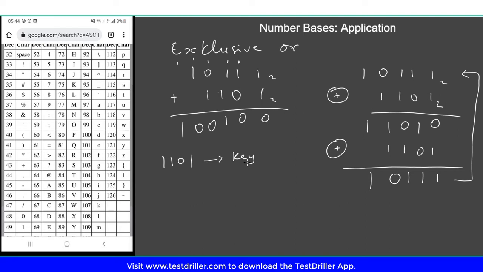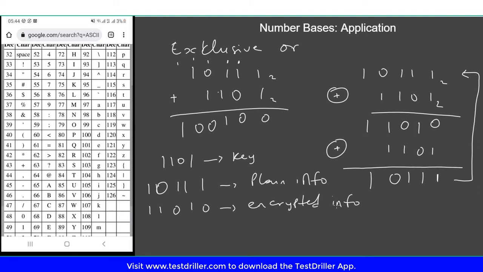So let's take this as the information. So this is the key. The original information is the plain information. So this is the plain information, right? Then when you add these two, you're going to get 11010, right? So this is what we call the encrypted information.